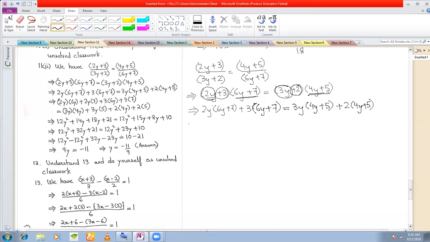Okay, so now you simplify. 2y into 6y is 12y square, plus 2y into 7 is 14y, 3 into 6y is 18y, and plus 3 into plus 7 is plus 21, is equal to 3y into 4y is 12y square, plus 3y into plus 5 is 15y.